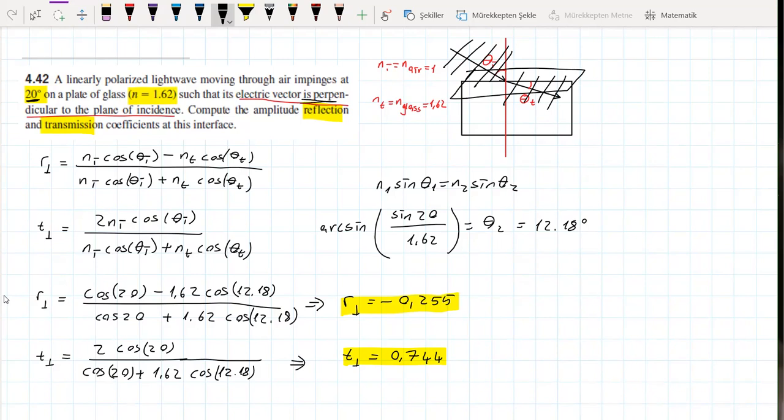In our question, the E field is parallel to the surface, and the E field is perpendicular to the incidence plane. So what we care about is the plane of incidence. We will decide our perpendicular and parallel components by looking at the status of the E field and the incidence plane.